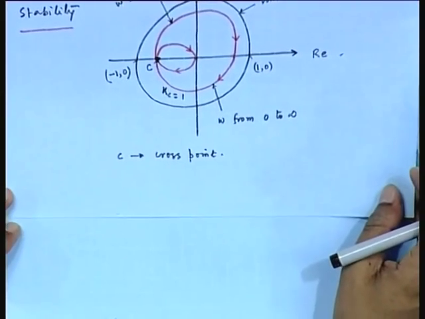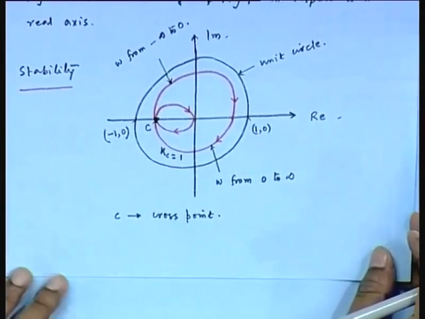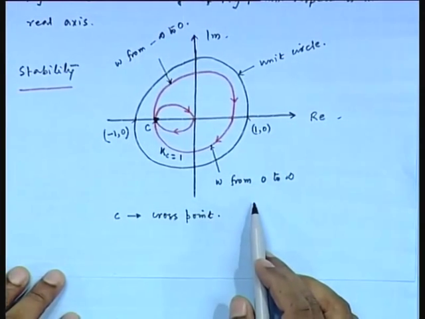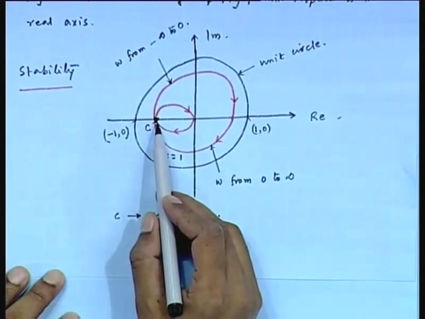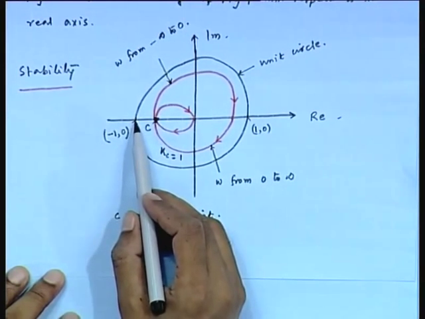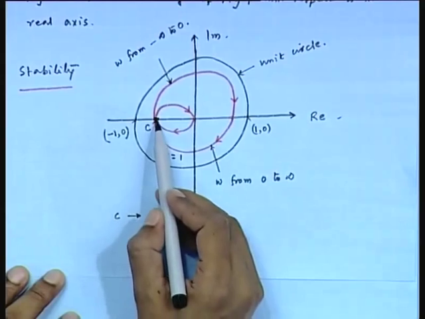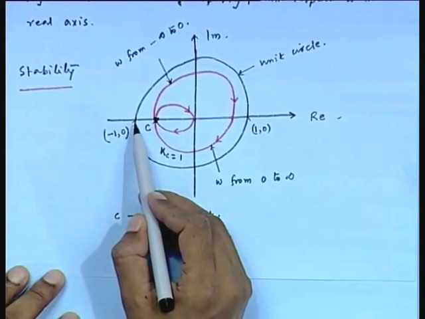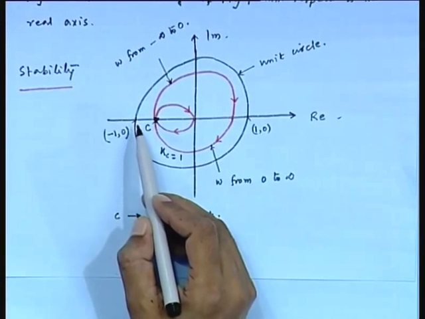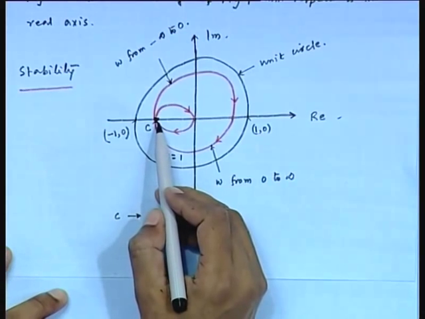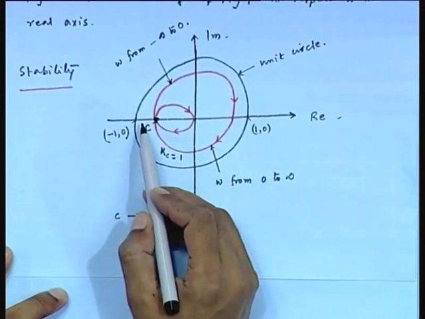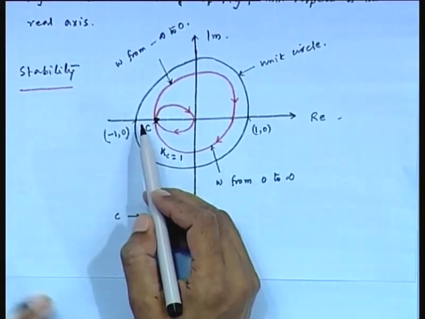Fine. Now, we will note down a few important points on stability. When Kc equal to 1, the cross point is to the right of minus 1. It indicates stability. When the cross point is to the left of minus 1, that indicates instability.